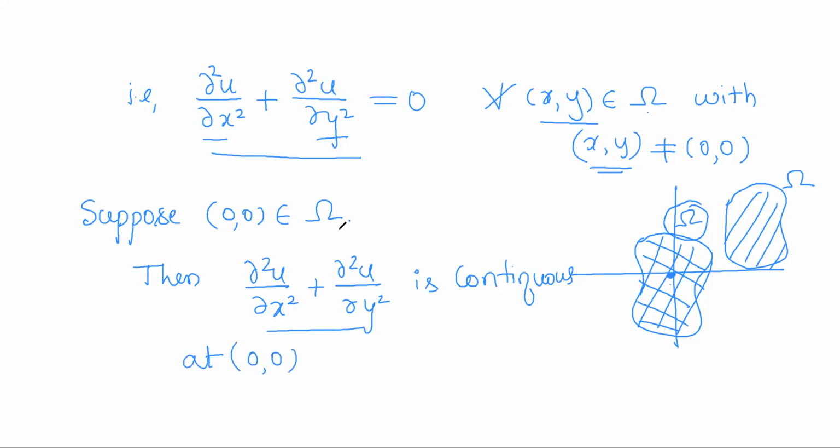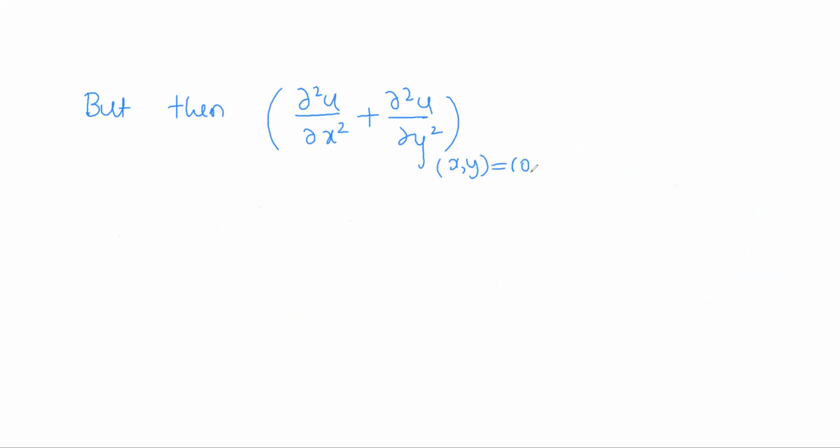As this function is continuous in Ω, according to the hypothesis, it will be continuous at a point in that region. So as it is a continuous function at this point, I can write ∂²u/∂x² + ∂²u/∂y² at 0 comma 0, at this point.